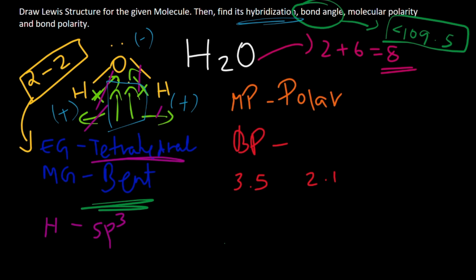As we did before, we are just going to find the electronegativity difference between hydrogen and oxygen, and that will give you an answer of 1.4, right?